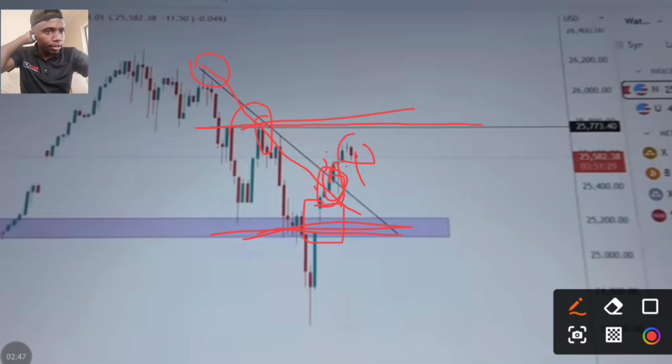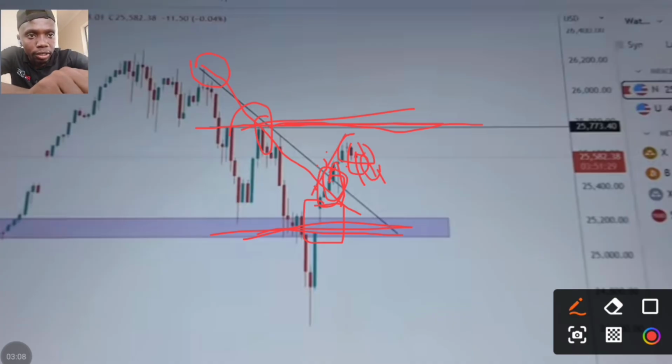I forgot the name of this candle. This candle means it failed our touch of this resistance here. So the sellers are in control now. It means the market wants to break and retest.